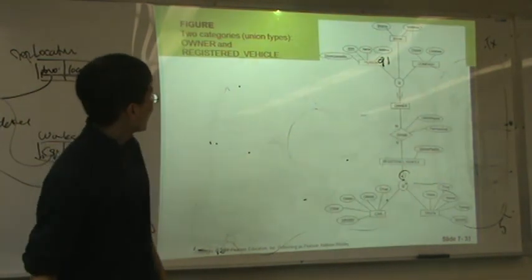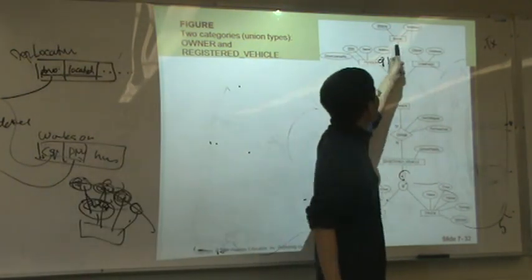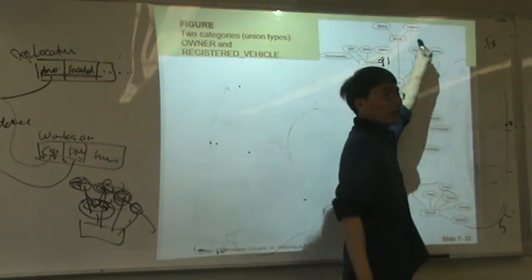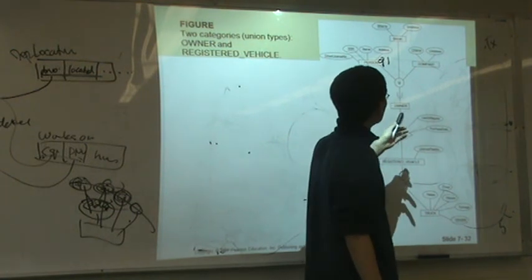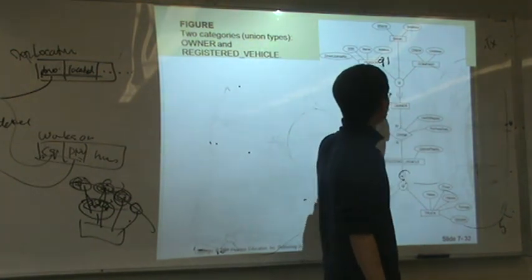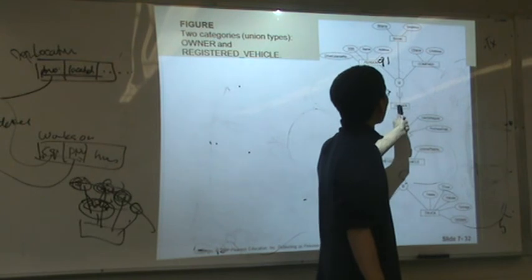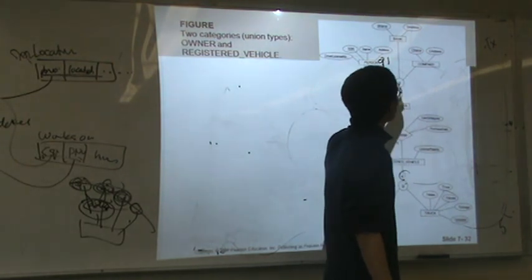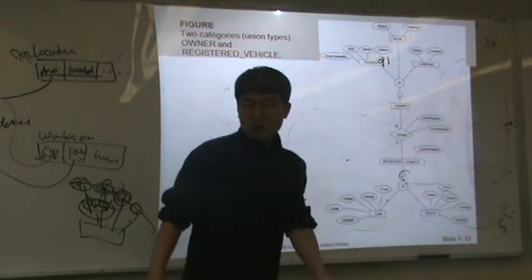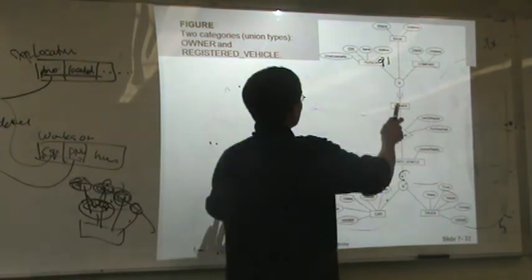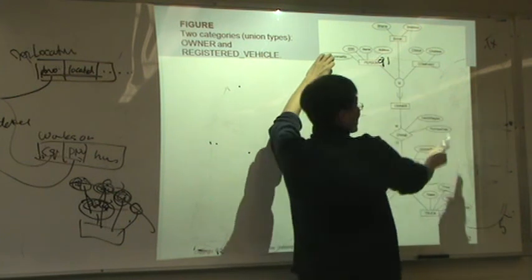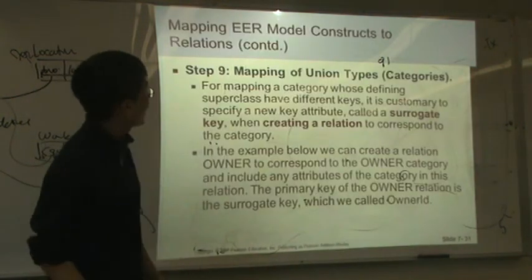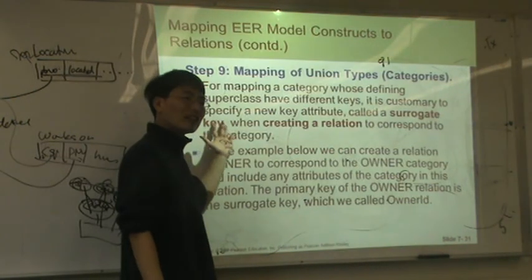Okay. But for example, here, person, bank, company, these are the superclasses. It's not popular. It's not used a lot. Then inherit to the owner. So in this case, to represent the owner, there's no way to combine. Driver license number is different. Bank name is different. Company name is different. So in this case, we can create an additional key.